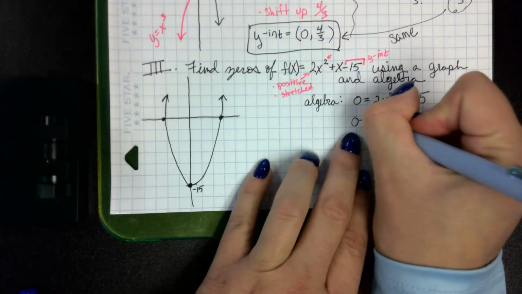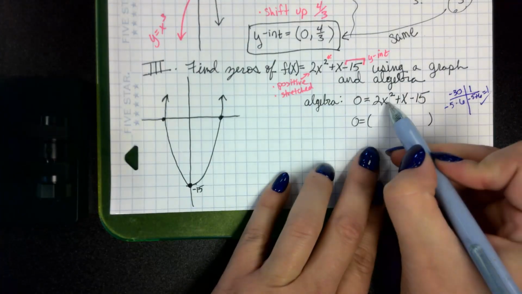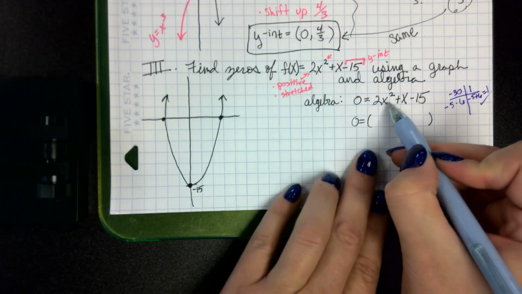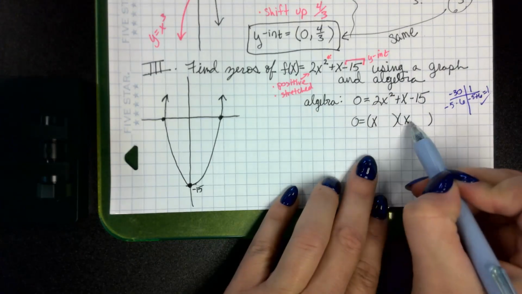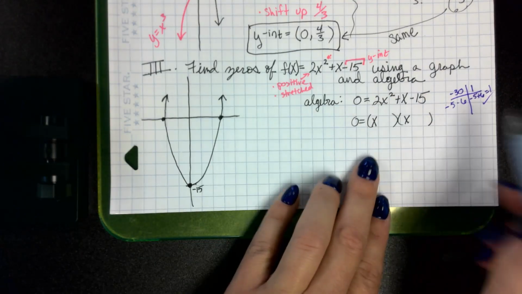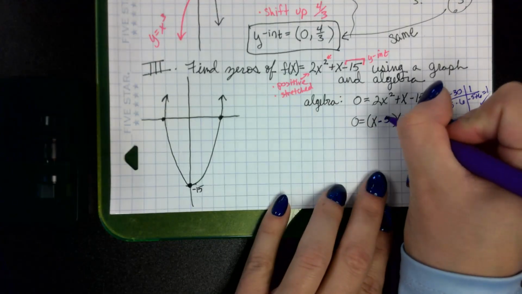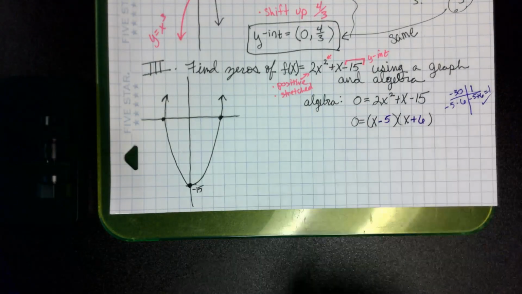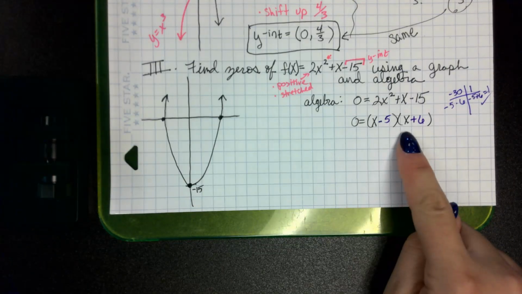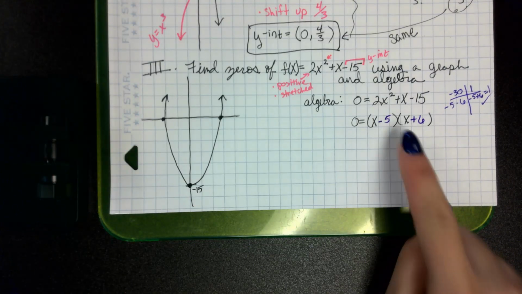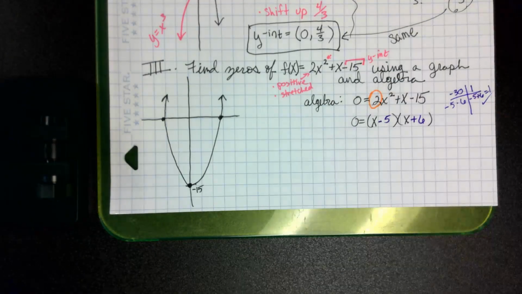So I'm going to write 0 equals 2 sets of parentheses. I have x squared, that's x times x, so I'm going to split up my x's. I'm going to put an x over here and an x over here, so when I multiply those back together, it's x squared. And then I have my negative 5 and positive 6. I'm almost finished, but that's not quite right because I have this a value. A is 2. That's super important.